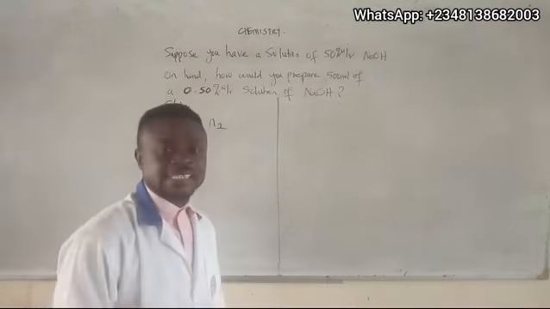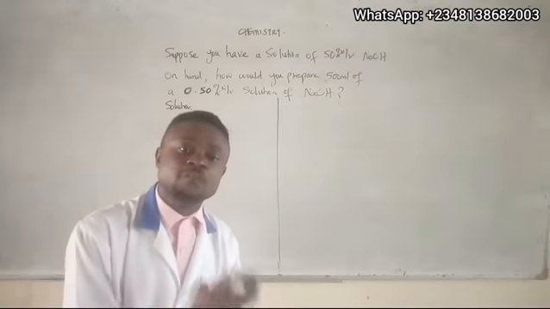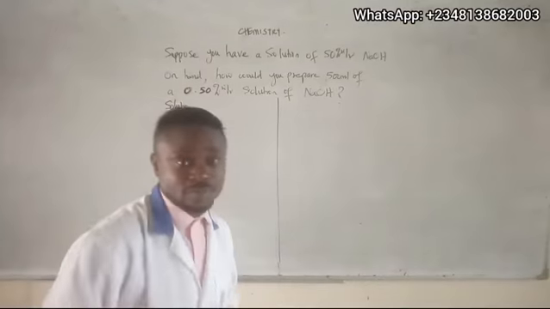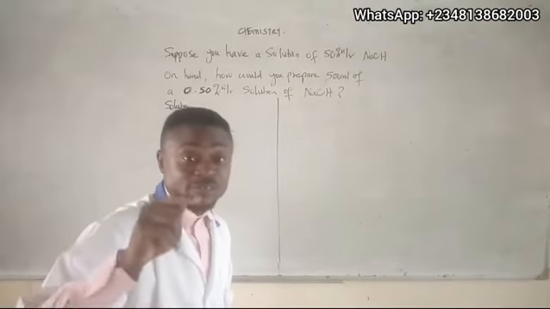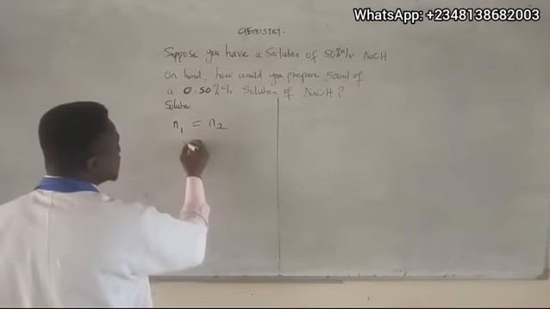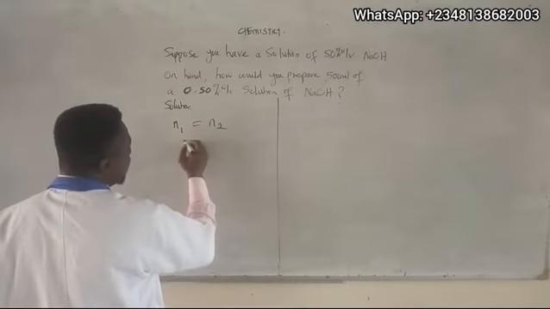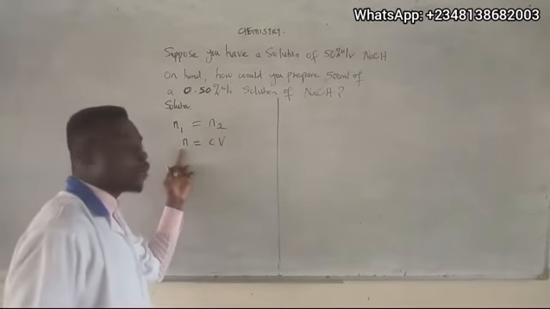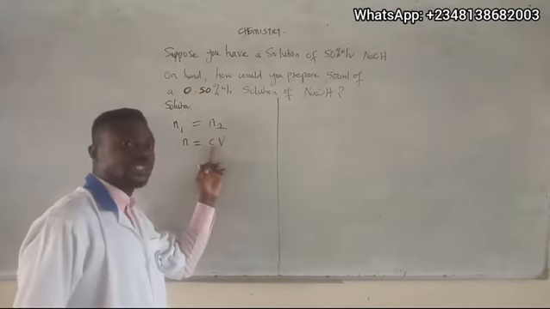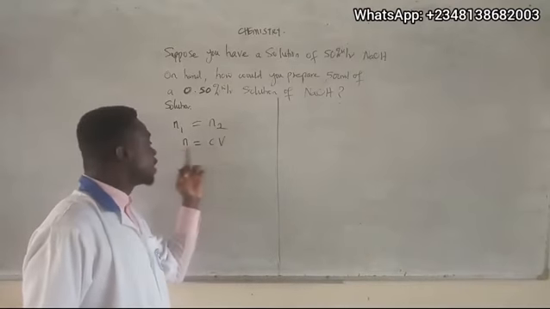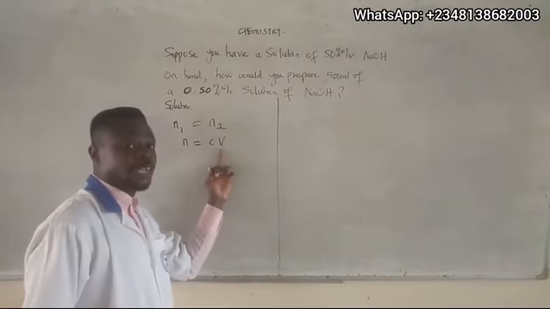But remember there's a relationship between number of moles, concentration in mole per dm cube, and volume. N is equal to CV: the concentration in mole per dm cube times the volume in dm cube. This is a powerful relationship.